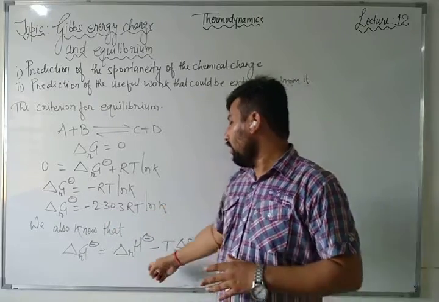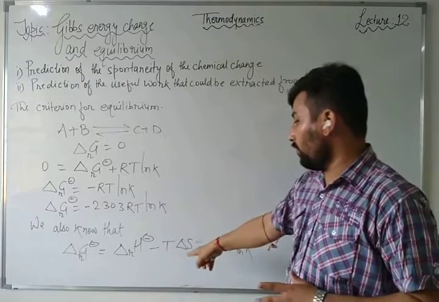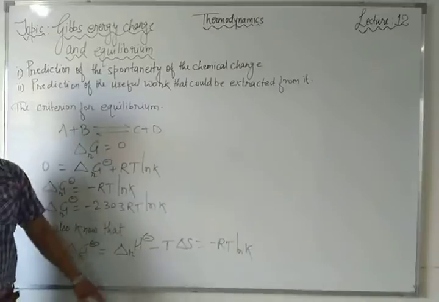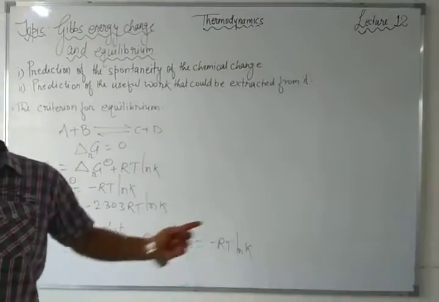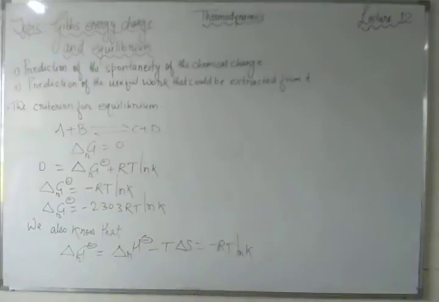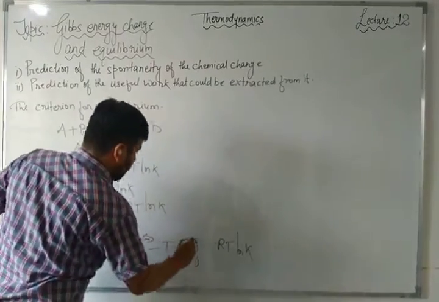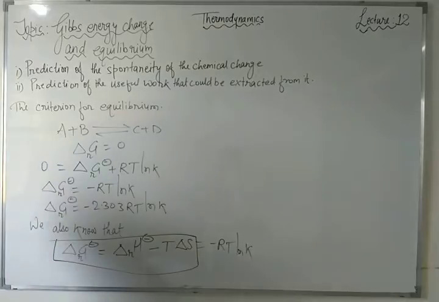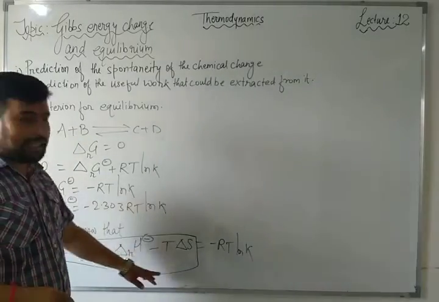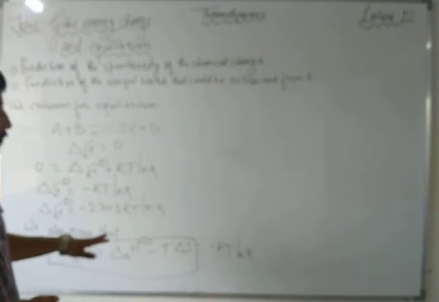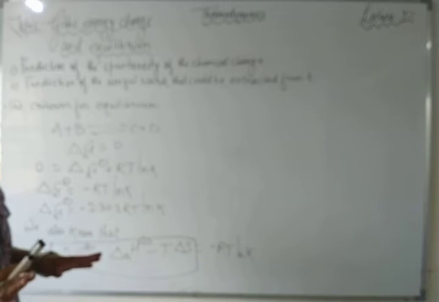Now the question is, we also know the equation about the Gibbs free energy change, delta G is equal to delta H minus T delta S. This is our main equation of Gibbs free energy, right? Delta G standard is equal to delta H minus T delta S. Here I have just put the superscript, which means it is a standard, at a fixed temperature and pressure.